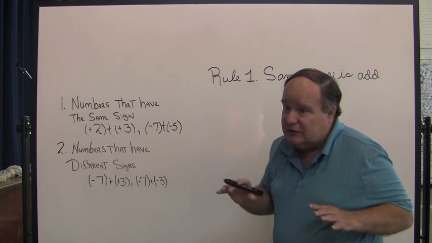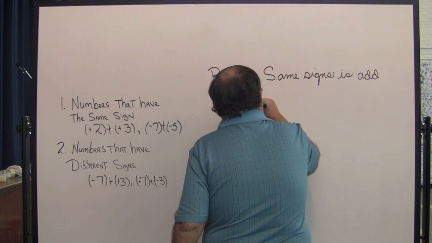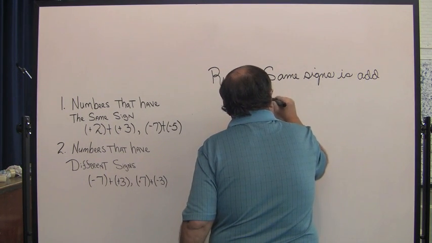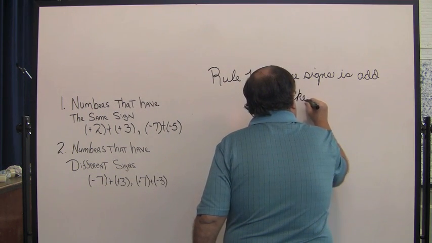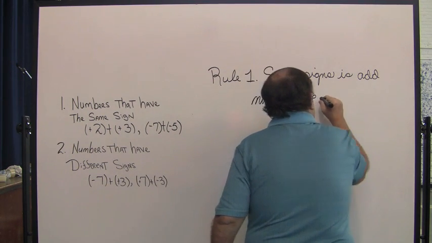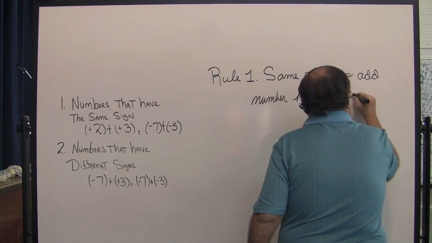Add the numbers together and then keep the sign of the numbers. And here's how that works.